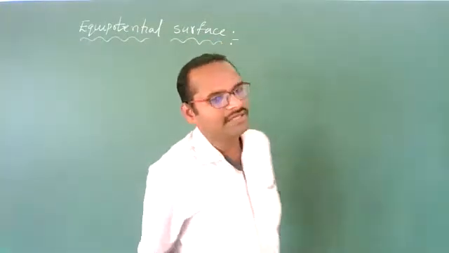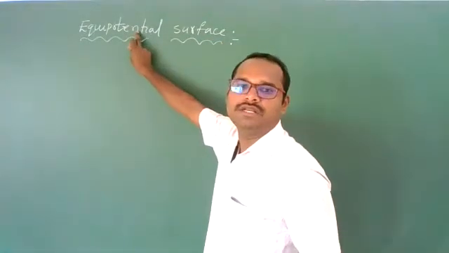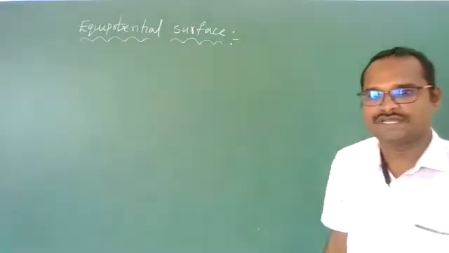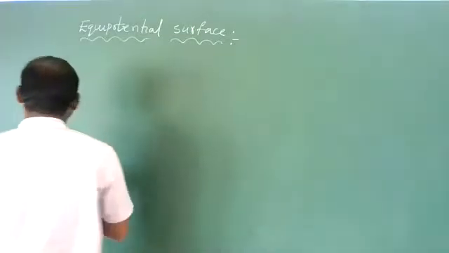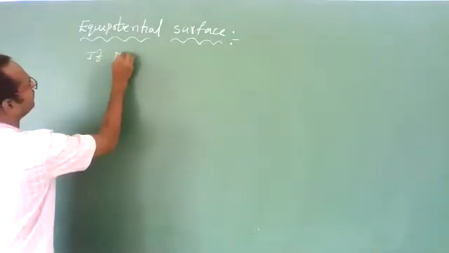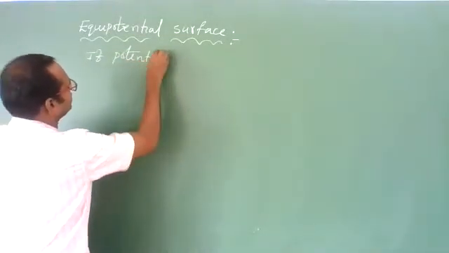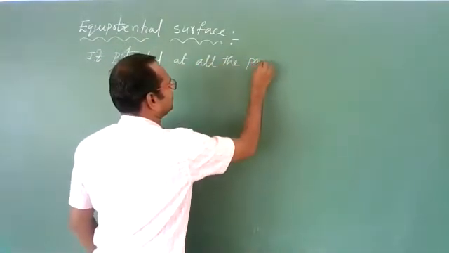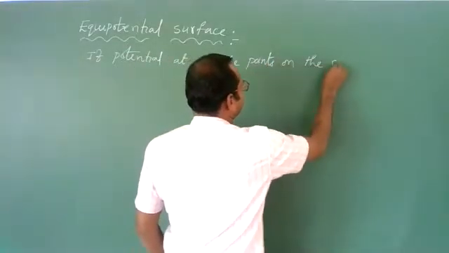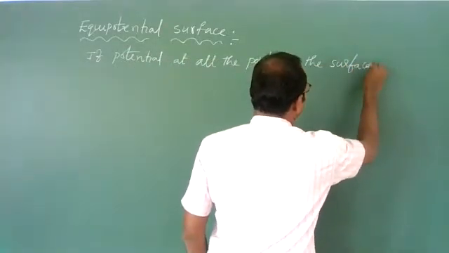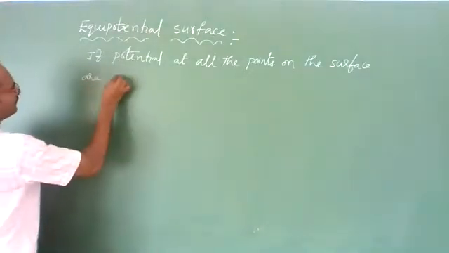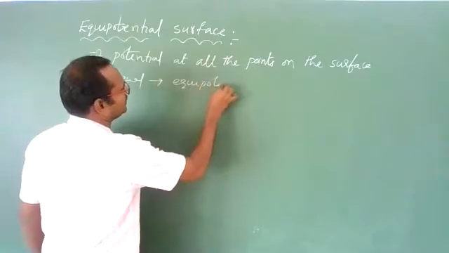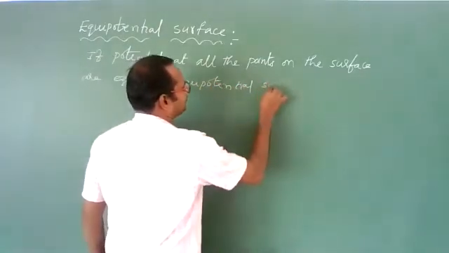See, the name itself indicates potential should be equal at each and every point on a surface. Then that surface is called an equipotential surface. Means if the potential at all the points on the surface are equal, then that surface is called equipotential surface.